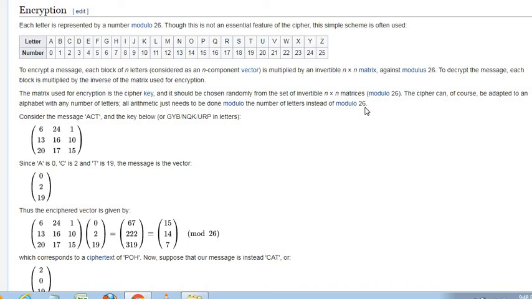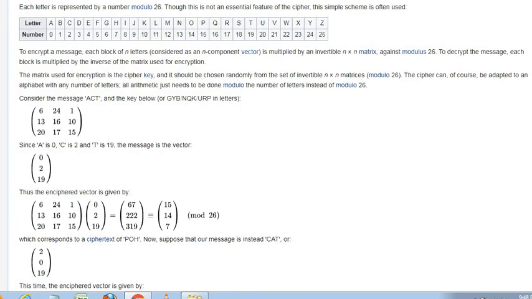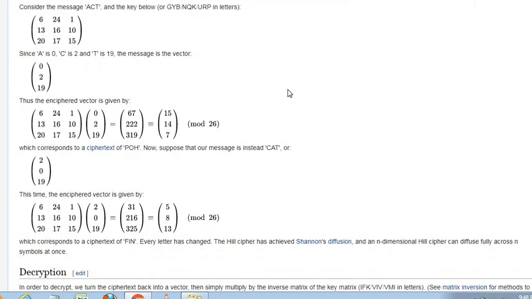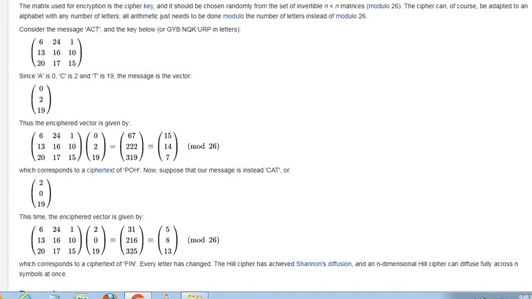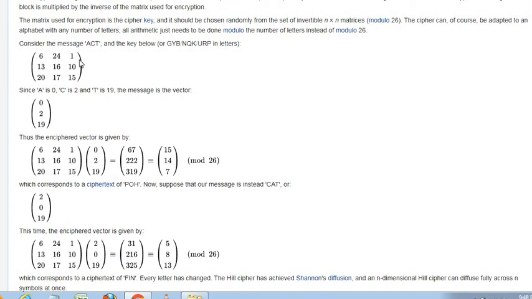It is quite difficult to understand, so from the understanding point of view, I am simply explaining the mathematics behind this encryption methodology. Just consider the message ACT.